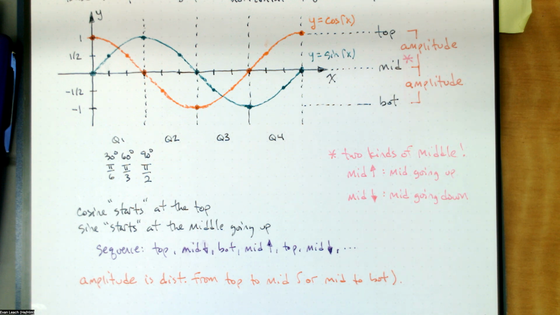The amplitude that we have for cosine and sine, that I'm going to refer to as the default amplitude, our base model amplitude, is 1. That's the distance from the middle to the top. That's 1, 1 up here and 1 down below. So the default amplitude is 1.